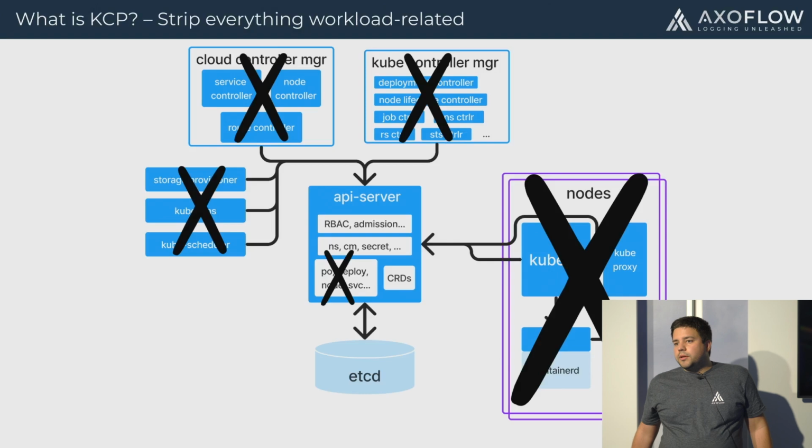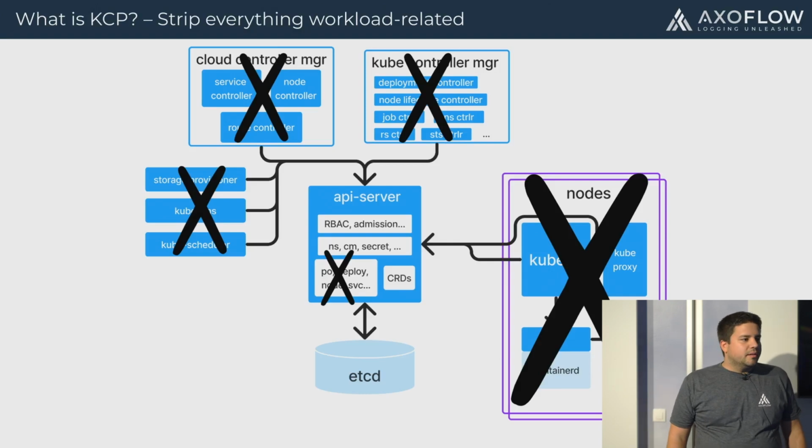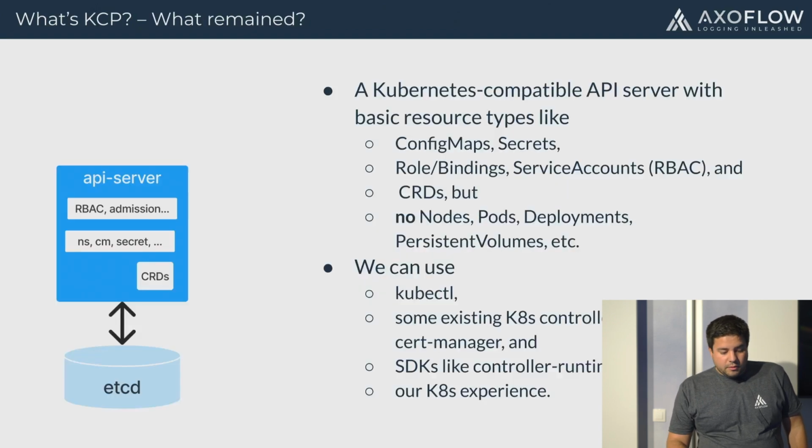They also removed the kubelet, kube proxy, the scheduler, so everything that takes care of orchestrating workloads and managing those. What remained is basically the API server and the etcd.